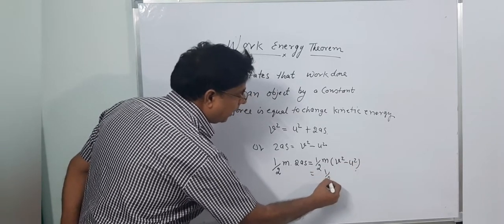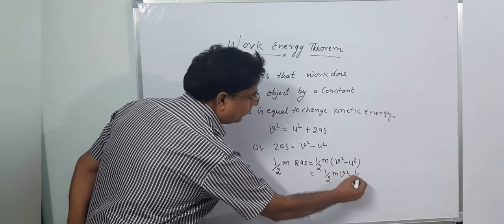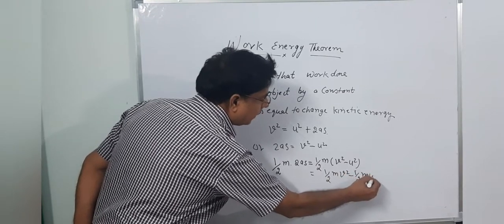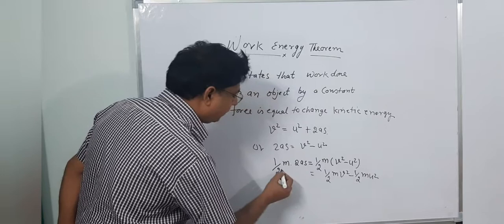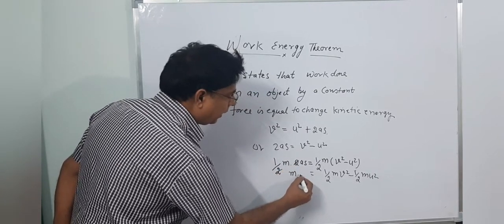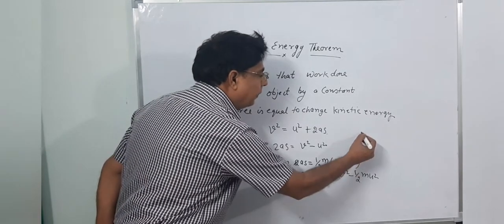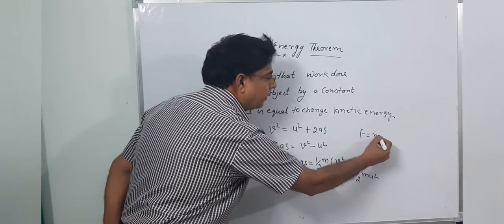This is equal to half mv squared minus half mu squared equals, here 2 cancels out, and this will be equal to mas. As we know from Newton's second law, F equals ma.